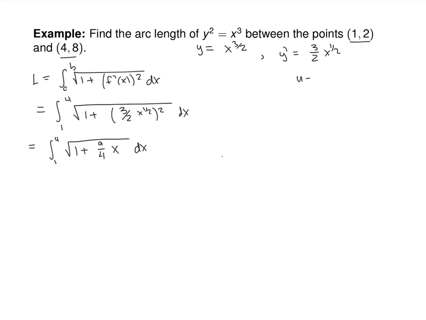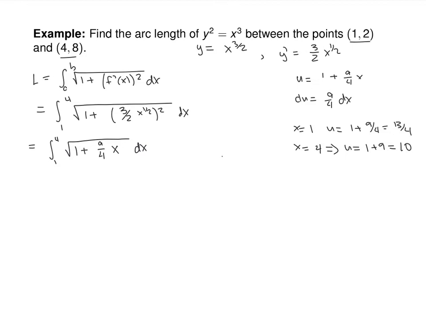So we'll let u equal 1 plus 9/4 x. du is 9/4 dx. Change your bounds. If x equals 1, u is 1 plus 9/4, or 13/4. And if x equals 4, u is 1 plus 9, or 10.